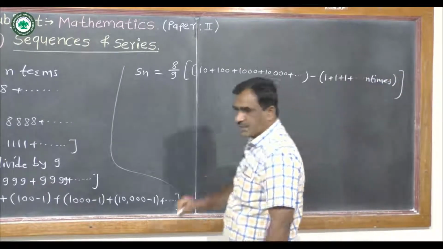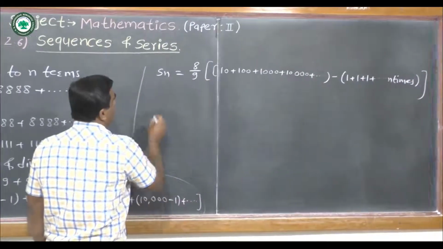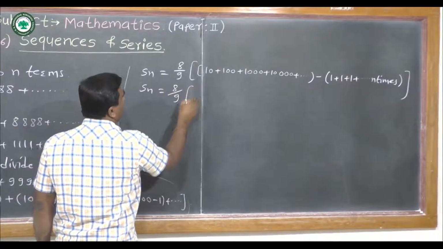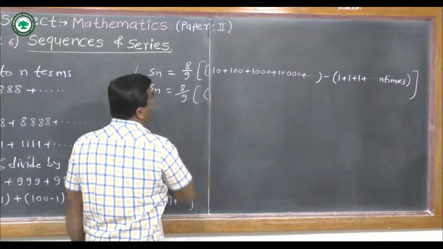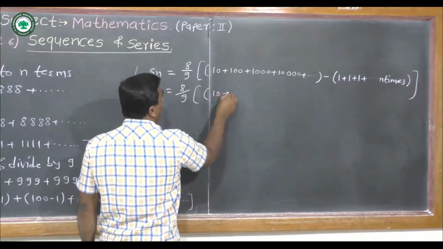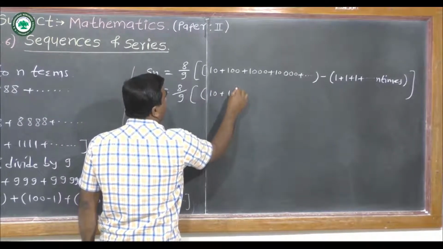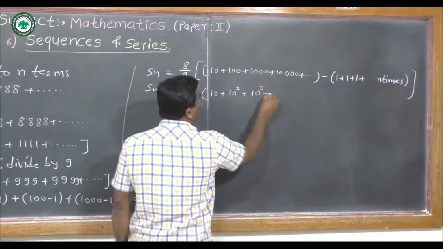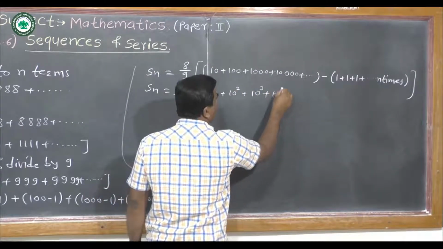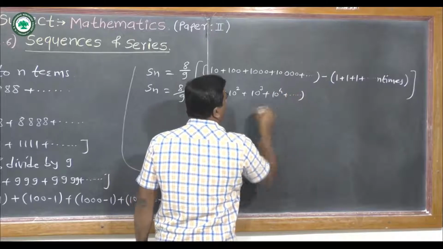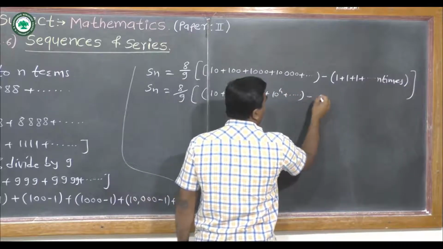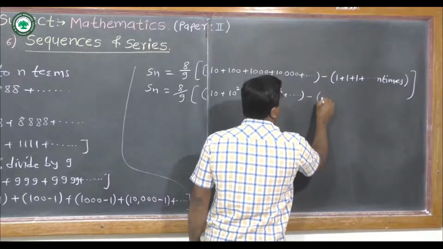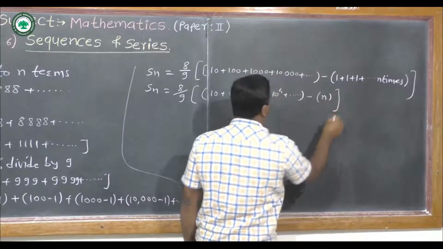That is Sn is equal to 8 upon 9 into, in open bracket, 10 plus 10 square, plus 10 cube, plus 10 raised to 4, plus so on n terms, minus 1 plus 1 plus 1 n times means 1 into n equal to n.